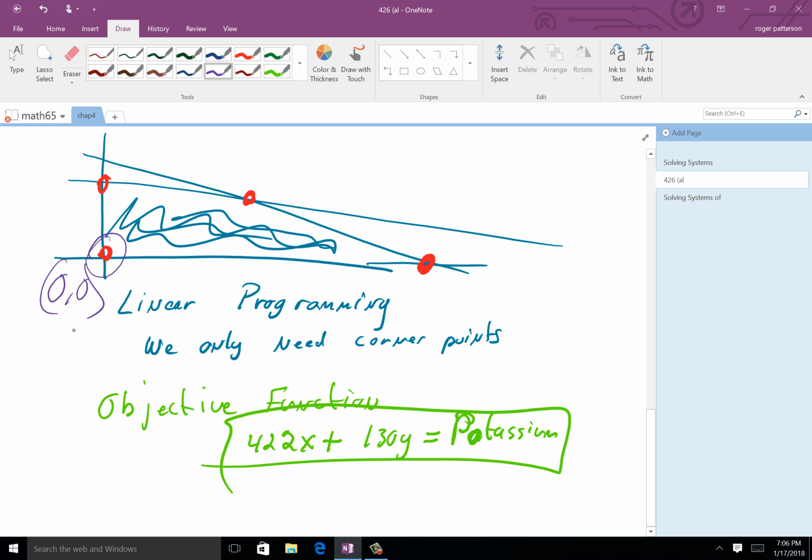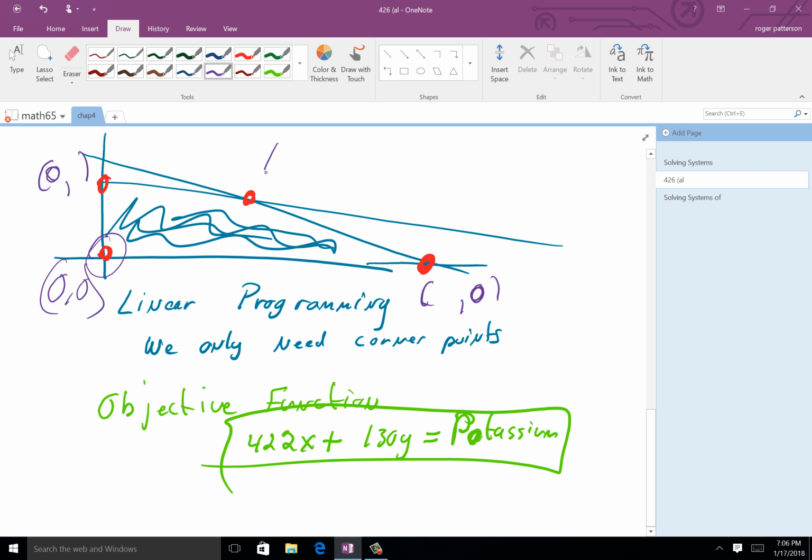No. We don't even need to check that one because I'm not eating anything there. So that's not going to maximize a darn thing. This point here, I don't know what the y is, but I do know what the x is. The x is going to be 0. At this point, I don't know what the x is, but I know the y is 0.